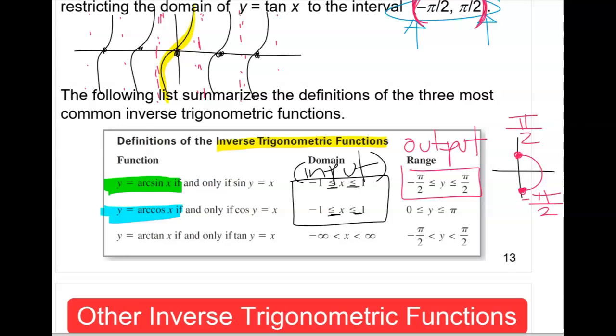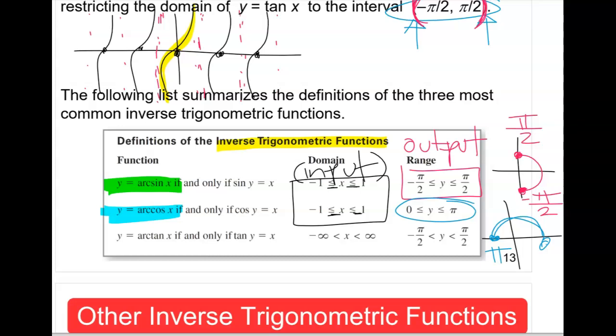Now for the cosine inverse, the outputs are going to come from the first and the second quadrant, so from 0 to pi.